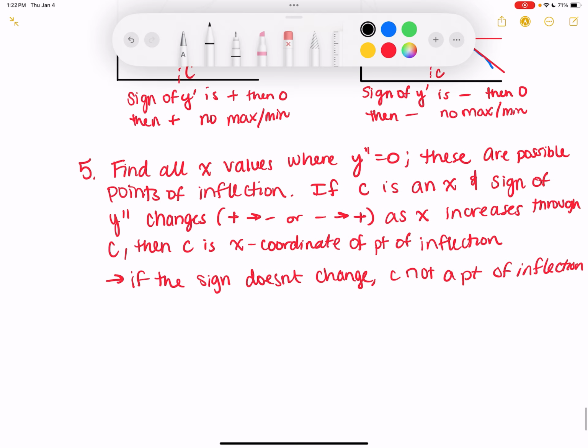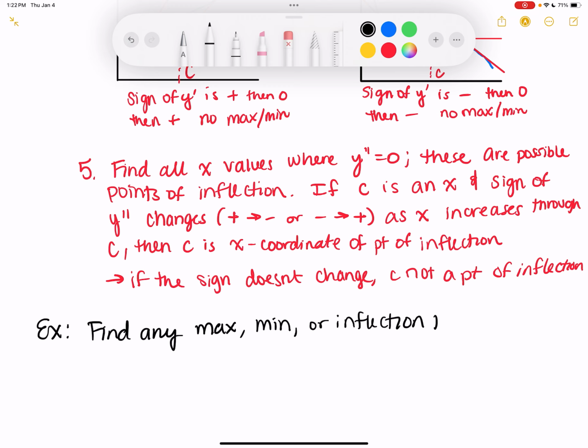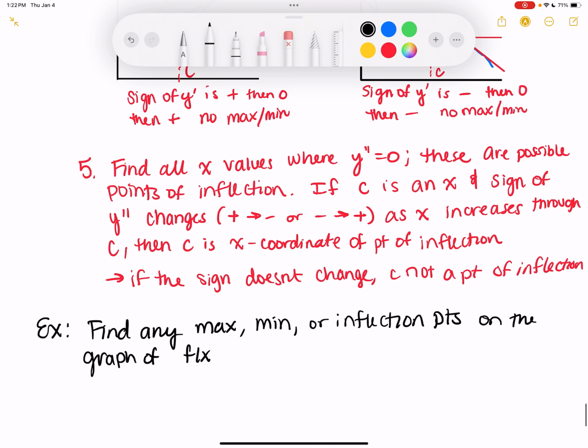All right, I'm going to look at an example. You can see how this actually works. Find any max, min, or inflection points on the graph of f of x equals x cubed minus 5x squared plus 3x plus 6.